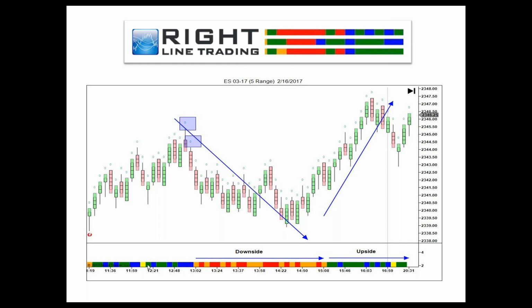Now, when order flow is aligned to the upside, and this only gives you a directional bias, doesn't give you an entry, you have to trade long. When order flow is aligned to the downside on your two higher time frames, you must trade short or you're going to get stopped out. And again, to the upside, you must trade long.